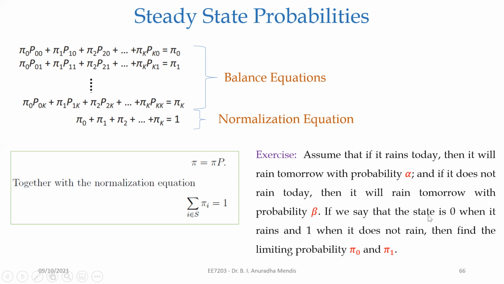Say that state 0 is rain and state 1 is does not rain, then find the limiting probability. This is another word that we use for steady state probability, because we are going to limit the time to infinity and then get the steady state. So limiting probability phi naught, phi 1. There are only two states, rain and not rain. Can you draw the Markov chain here?